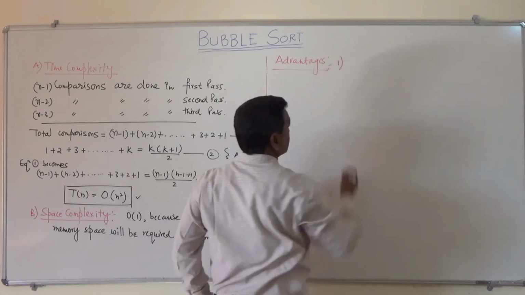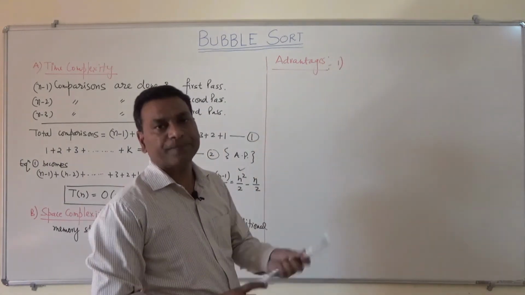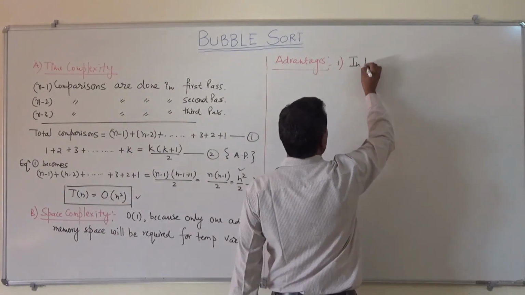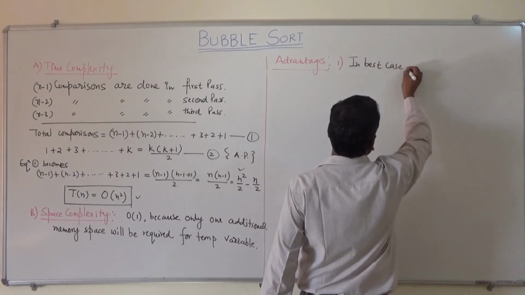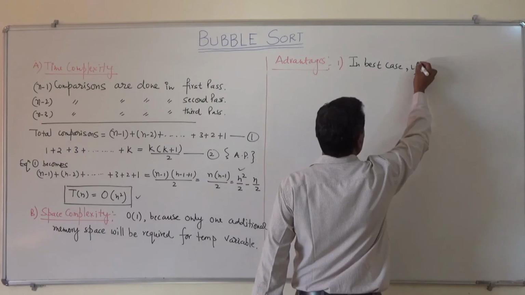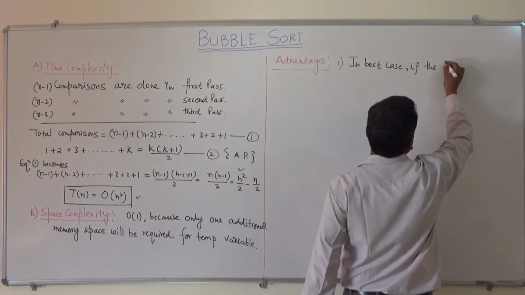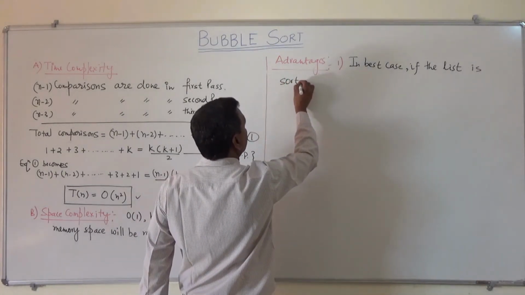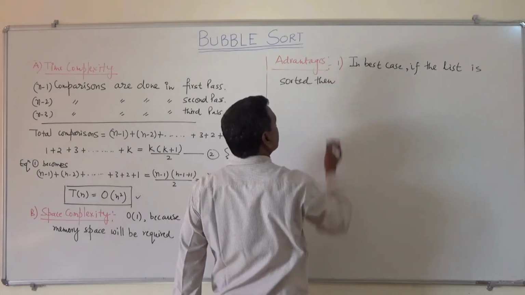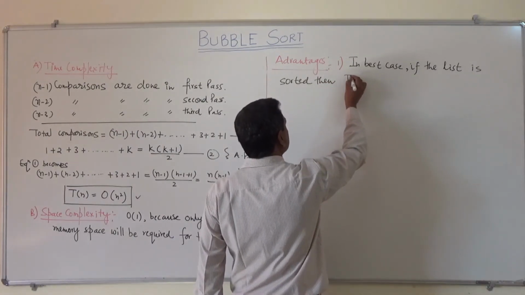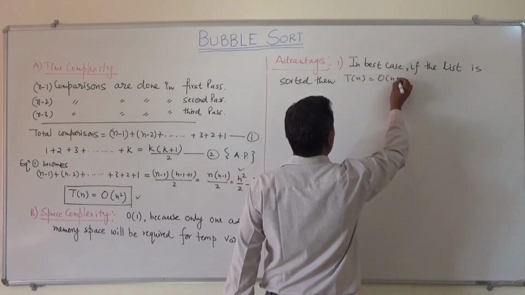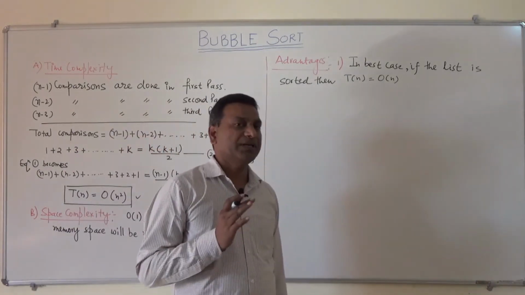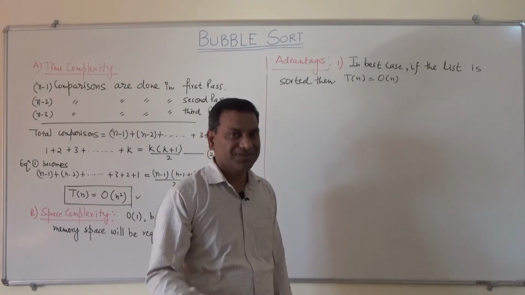The first advantage is, in the best case, if the list is sorted, then the time complexity is big O of n. So the time complexity is order of n, but it is not order of n in other sorting algorithms. So this is the benefit.